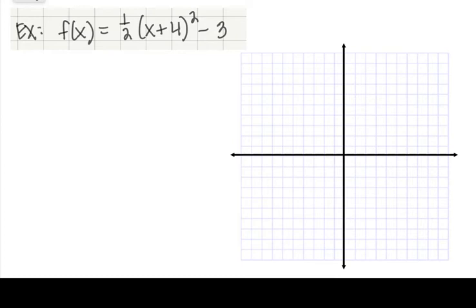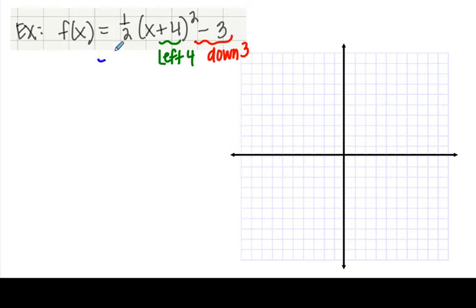So here we go, our first example. F of x equals 1/2 times the quantity x plus 4 squared, minus 3. We know that this positive 4 tells us that we're going left 4, and this minus 3 on the outside means down 3.